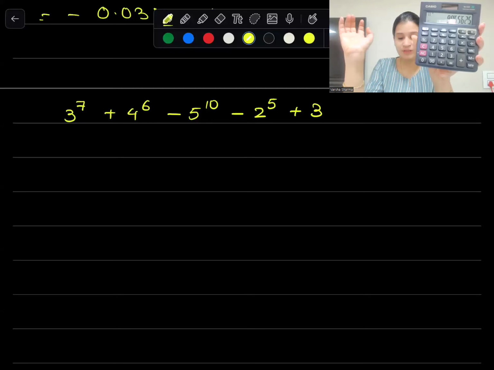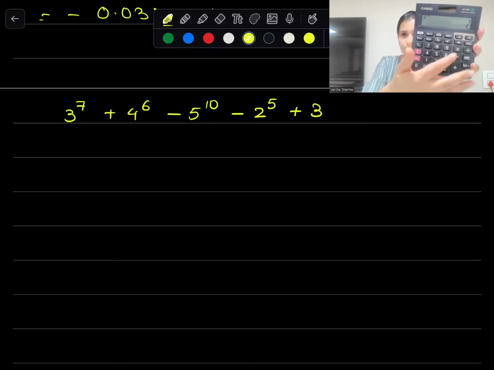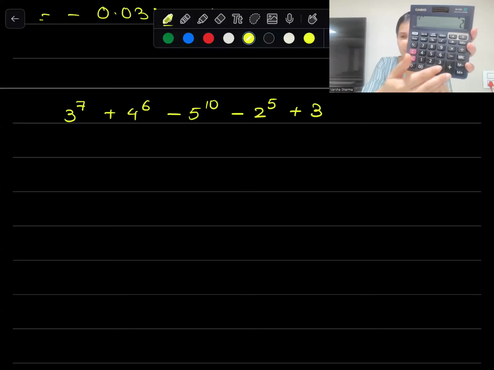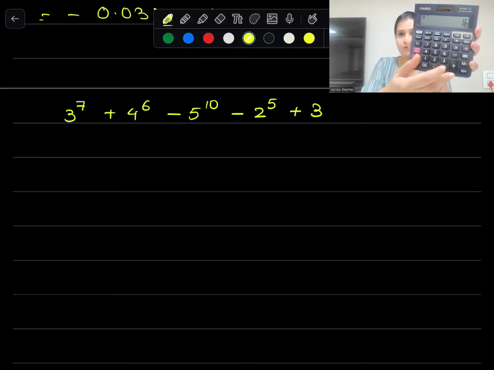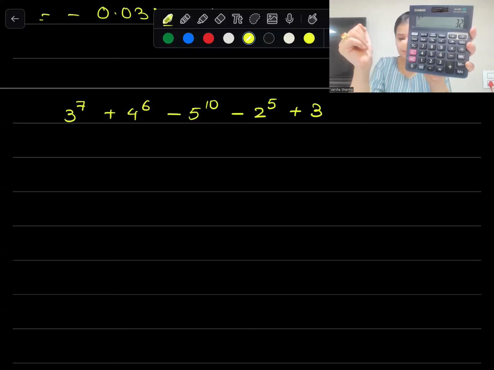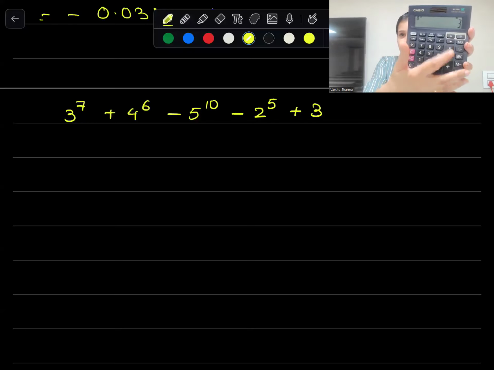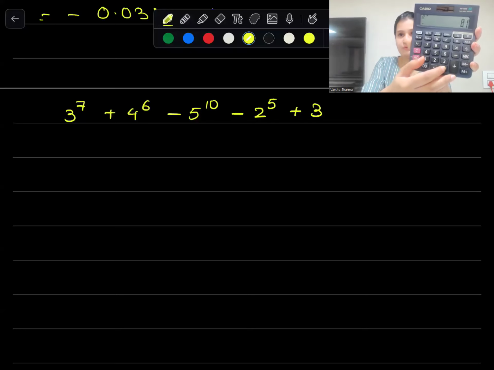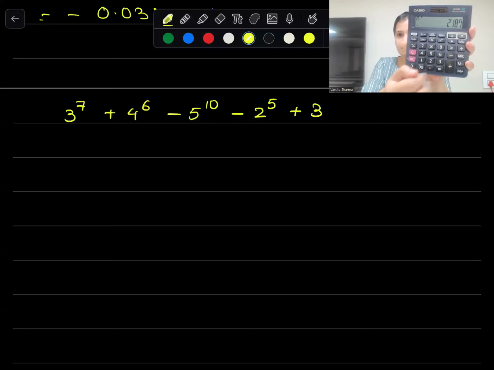Now calculating 2, 2, 3, 4, 5. Again, there's a negative sign. So M minus. Calculating 3, 2, 3, 4, 5, 6, 7.